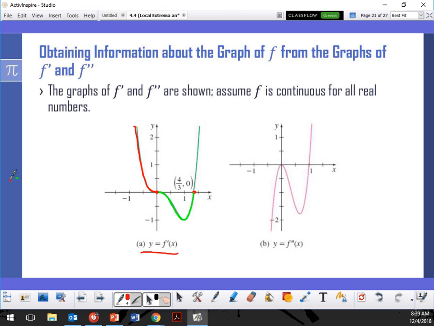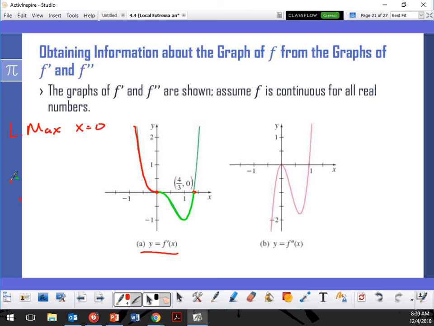Everything over here on the left-hand side is all positive numbers. So if those are all positive numbers, that means it's going from positive slope to negative slope. So there is a local max at x equals 0. It's not 0, 0, it's just 0, because I don't know what the function is.